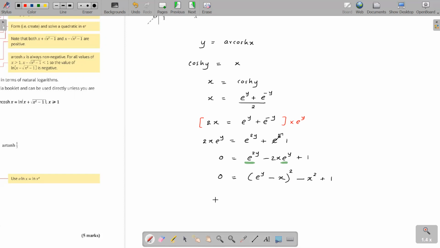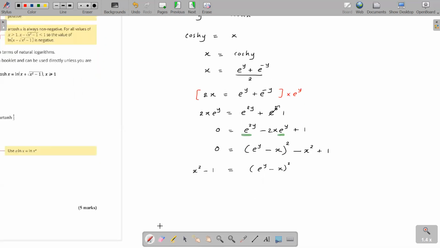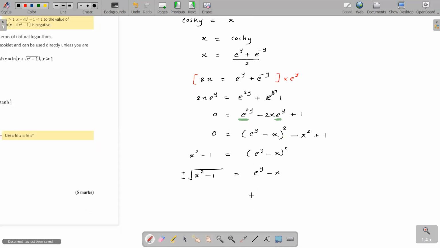Then let's make e to the power y the subject. So I'll get negative x square plus 1 here, so I get positive x square minus 1 equals e to the power y minus x, whole thing squared. Right, guys? And then let's remove the square. So x square minus 1, you put the root and you get plus or minus. Then we can make e to the power y the subject: e to the power y equals x plus or minus square root x square minus 1.